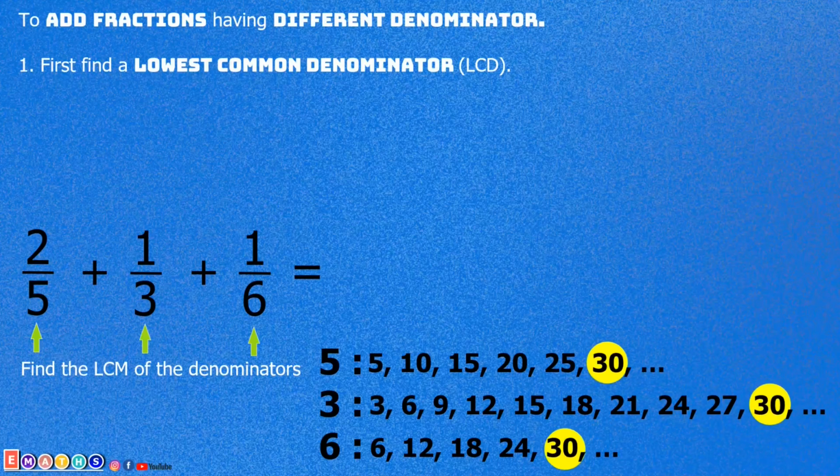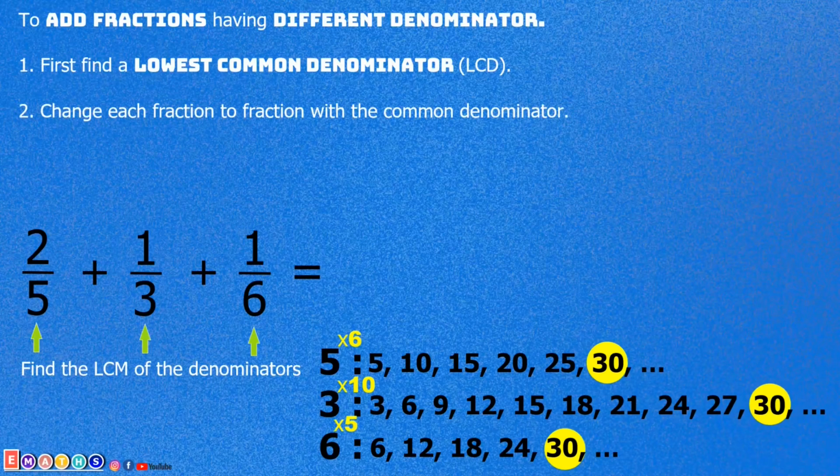Here we've got a common number, 30. For our first fraction, we multiply the denominator by 6. For the second fraction, we multiply the denominator by 10. For the third fraction, we multiply the denominator by 5.